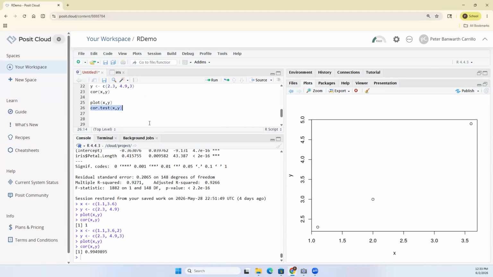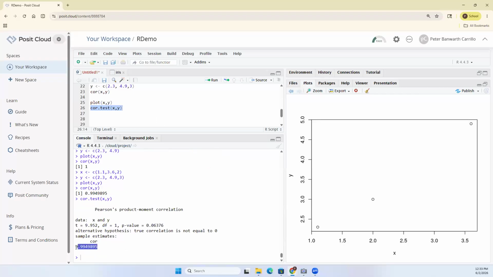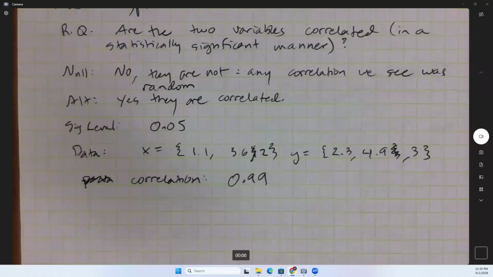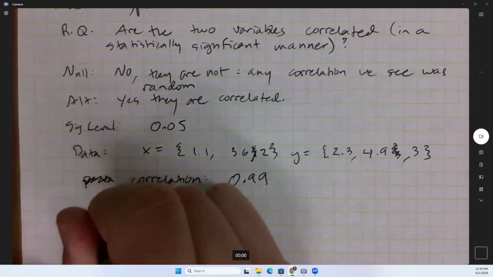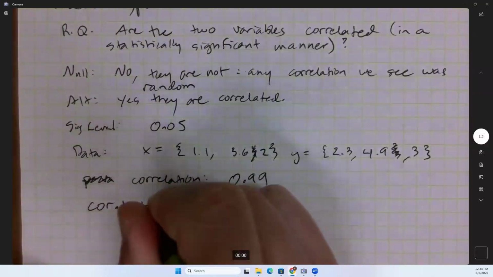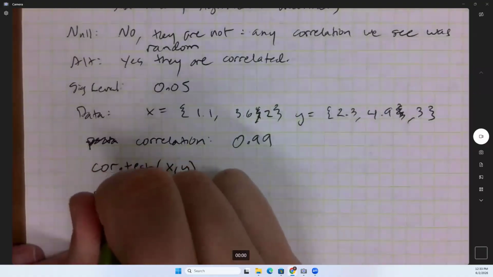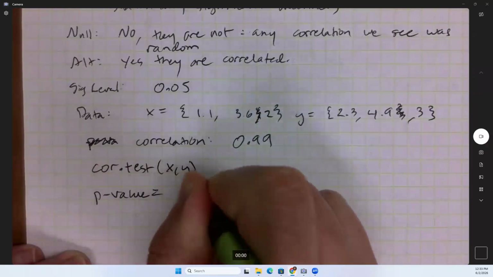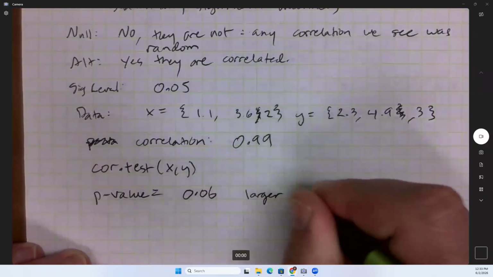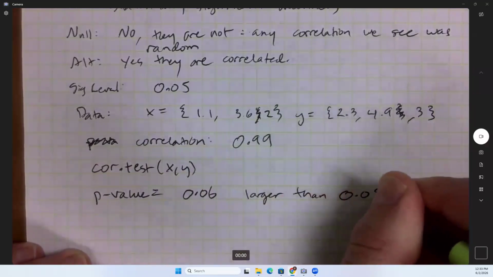So the way we do that in R is we use cor.test. If we run cor.test, there's our correlation again, 0.99, but there's our p-value, 0.606. So when we do our hypothesis test, we do cor.test of x comma y, and the p-value is 0.606, which is larger than 0.05.